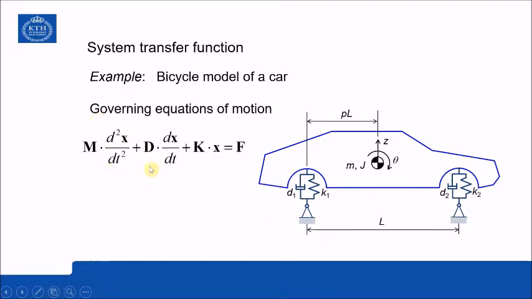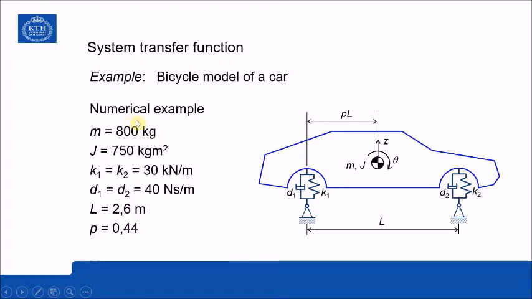So the governing system of equations is a coupled system of 2 differential equations, with the motion degrees of freedom equal to the translation and the rotation. And then we have a force and a rotational moment as external forces.